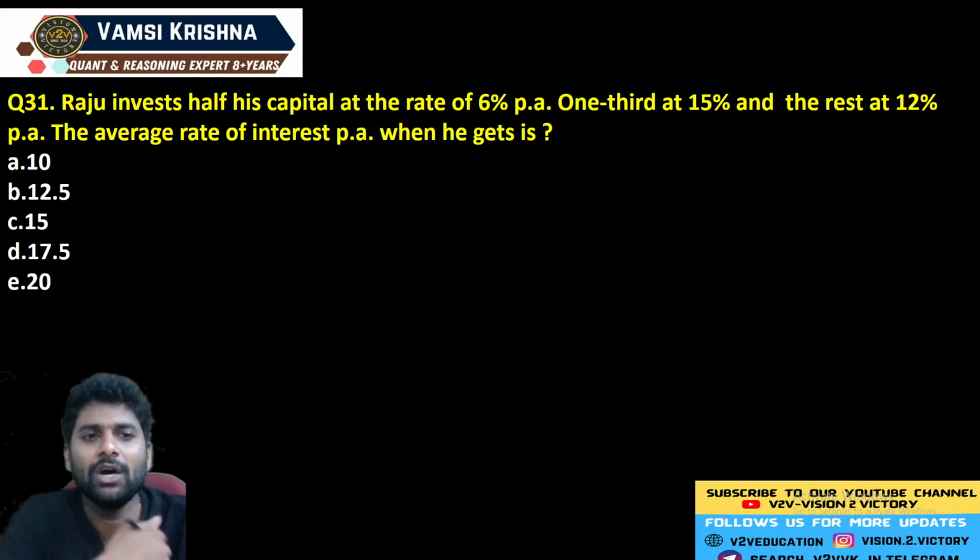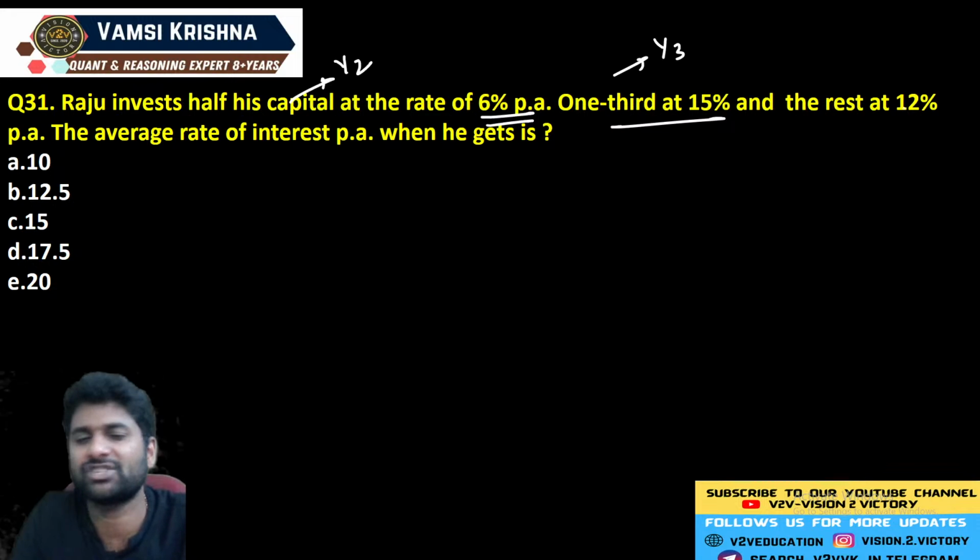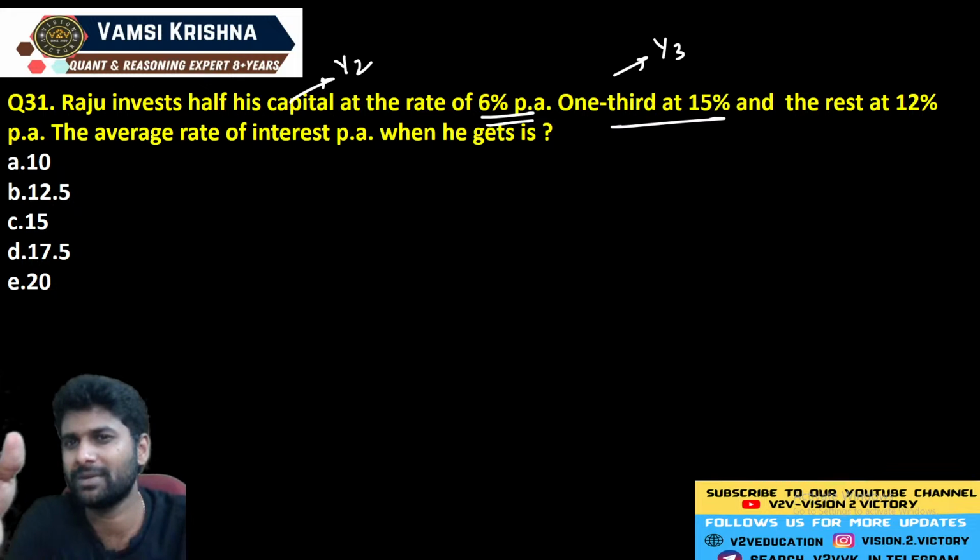Next, 31C. Raju invests half of his capital at 6% per annum, one third of his capital at another rate, and the rest of the capital at another rate. So what is the average interest per annum? My advice, guys, observe the denominators. Here one denominator is 2, another denominator is 3, and the remaining is 1 minus 1 by 2 plus 1 by 3.